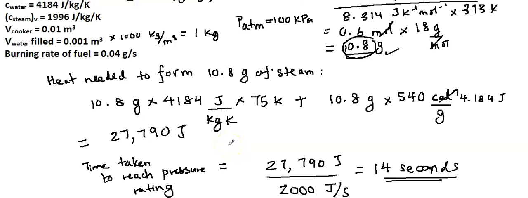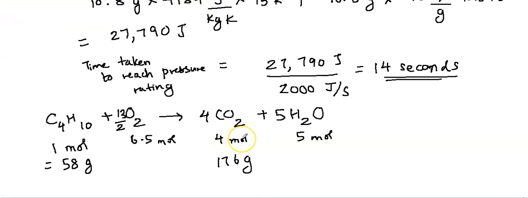Right, and we are burning 0.04 grams per second. So that means we can find out 0.04 grams produces how many grams of carbon dioxide. So that's 0.04 times 176 divided by 58. Oh, sorry, wait. Sorry, that's 176 into 58 by 0.04.